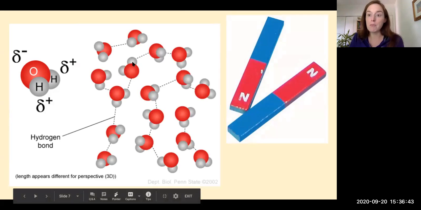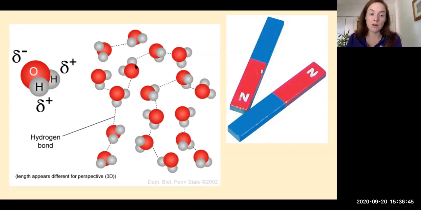And so how do you think multiple water molecules will interact with one another? Now we're not talking about covalent bonds, the bonds that hold a single molecule together. We're talking about interactions between different molecules. And so remembering that opposite charges attract, here the hydrogens are in gray. If you build molecules, they'll be the white little balls that you put on.